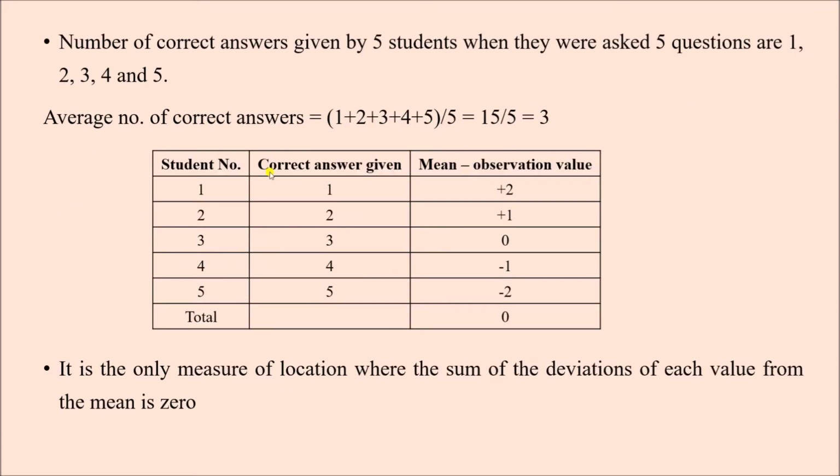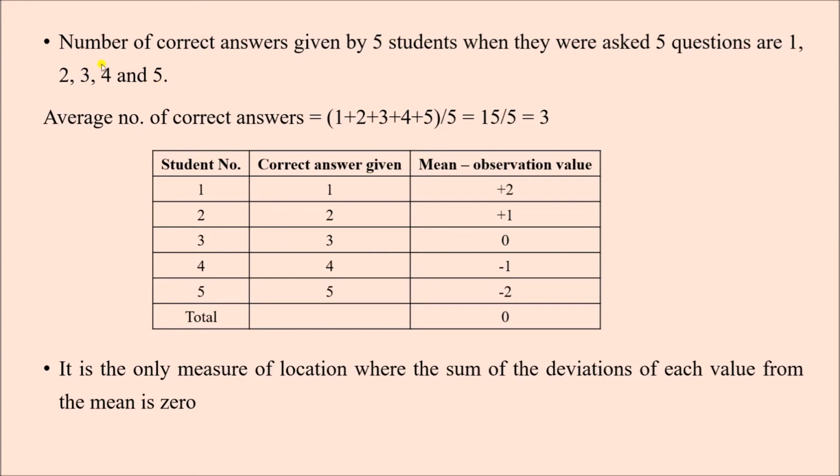Now this is another example. Number of correct answers given by 5 students when they were asked 5 questions are 1, 2, 3, 4 and 5. So suppose we want to take a Viva exam and we will be asking the same 5 questions to 5 different students. The first student was able to give 1 correct answer. The second student was able to give 2 correct answers. Like this, the fifth student was able to give 5 correct answers.